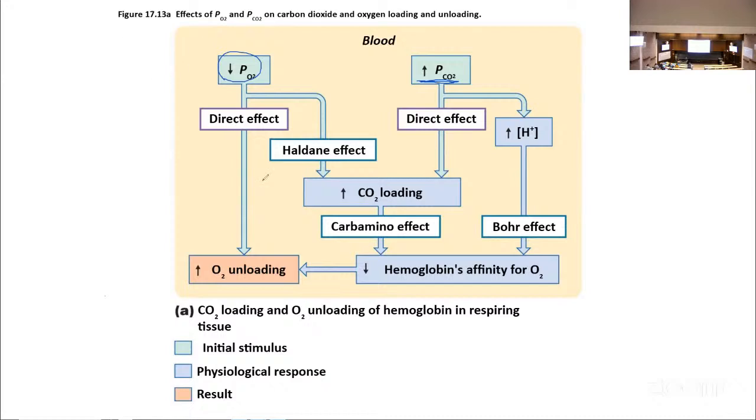So low oxygen usually directly creates more oxygen unloading, right? So usually in these low oxygen environments, we're going to make it easier to peel oxygen off our hemoglobin and put it into our tissue so that we can keep respiring, keep making ATP. So we do that directly.